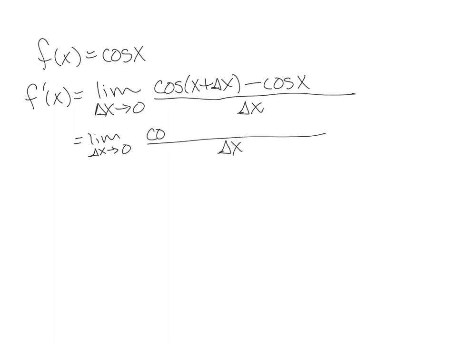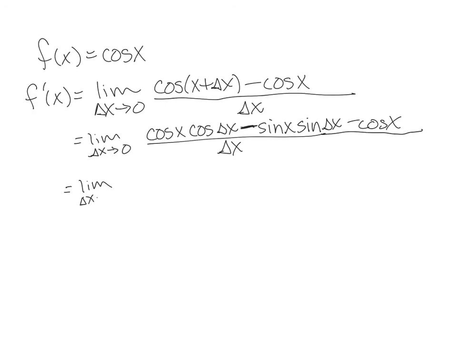Cosine stays with her own kind before she flips the sign, and lets the sine have a turn, minus cosine of x. I'm going to group my cosines of x, because that's the only thing I can do.